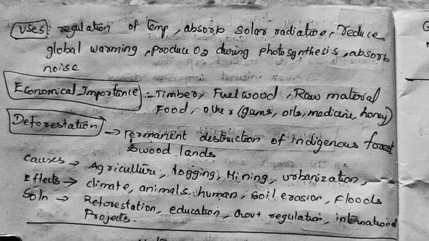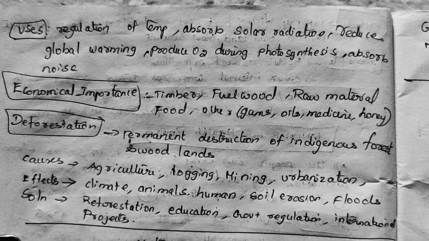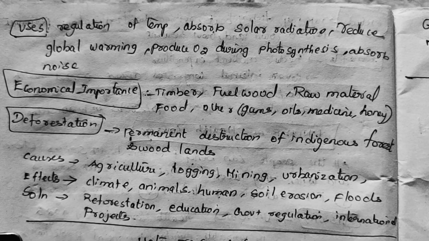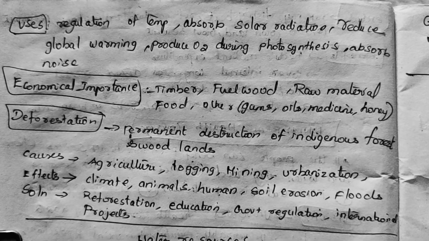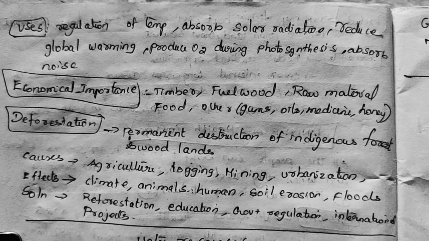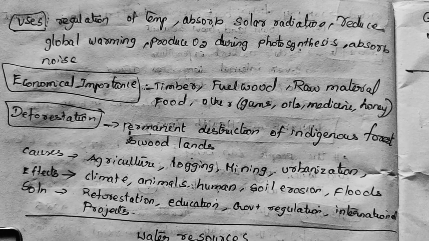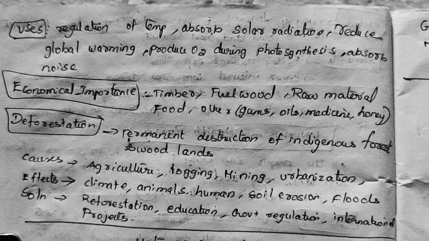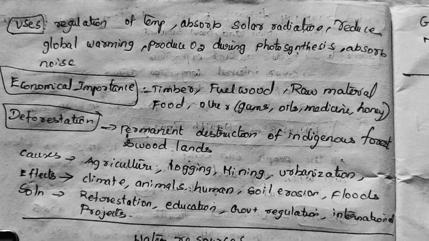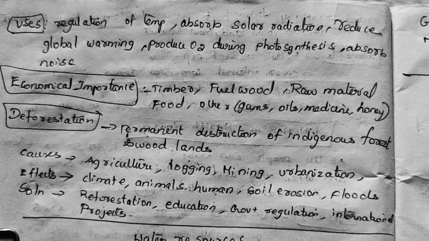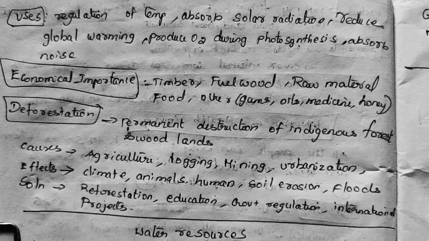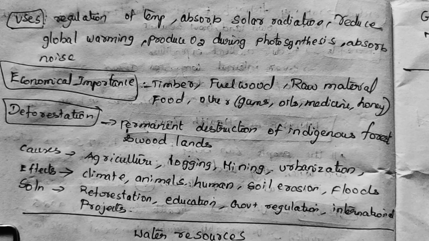Nowadays you can see rural people are moving to urban areas, so they are occupying the forest or land area. What are the effects? Climate change, animals and humans are affected, and soil erosion, floods are coming. So what is the solution? Reforestation, education, the government has to give some regulation, and you have to handle international projects.